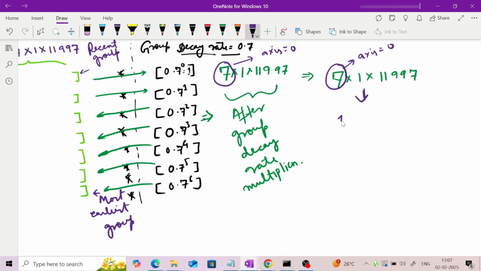So the final vector that we'll get is 1 by 1 by 11,997, and we'll also normalize this value by the number of groups that we had. So we'll divide it by 7. That's the normalization step.